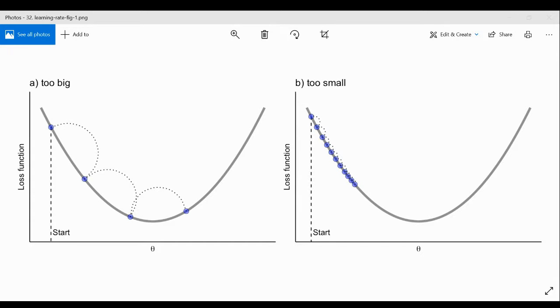But that could take a lot of extra steps. On the right, we see clearly the problem with too small: it's creeping along towards the minimum, and it's going to take a long time to get there. In that case, we're not going to jump over it, but we're going to take a lot of steps to reach the minimum. These are situations you want to avoid, and the way you avoid them is by treating it as a hyperparameter and tuning it appropriately. That will come up in a couple weeks.